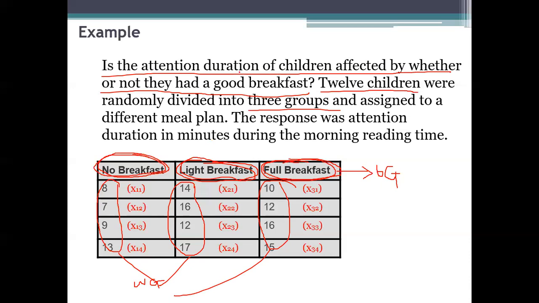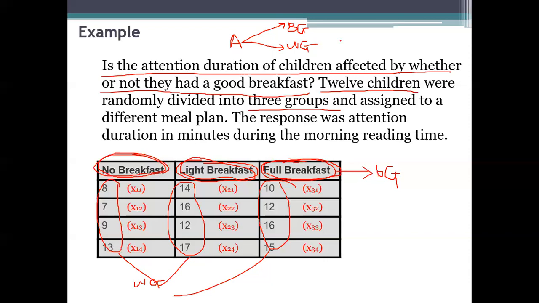Okay, so remember also in ANOVA, we are going to test the measurement of the variability between the groups, and the other one is when we want to compare the variance within group.